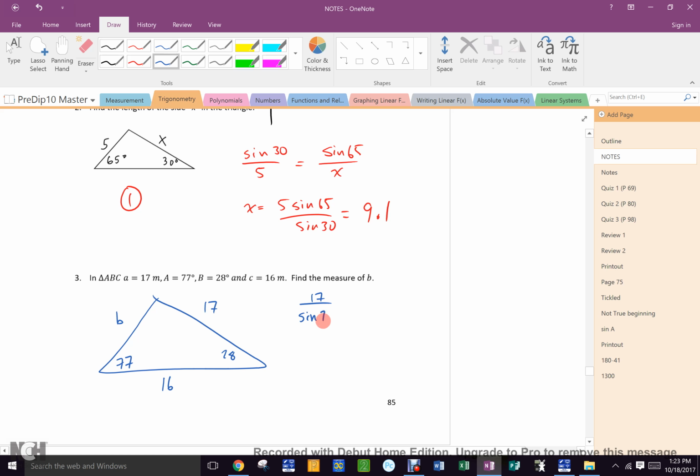17 sine 77 equals what? 28's the angle, you idiot. So what do I write?